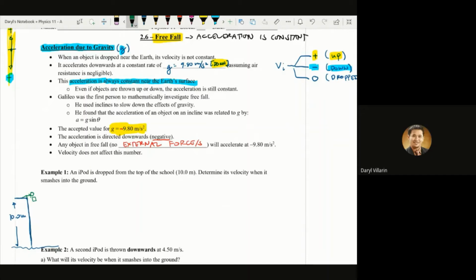Let's say, for example, in our coordinate system, as I mentioned, in the displacement equations that we have, displacement is the change in position. And if you have change in position, you're always talking about final and the initial.